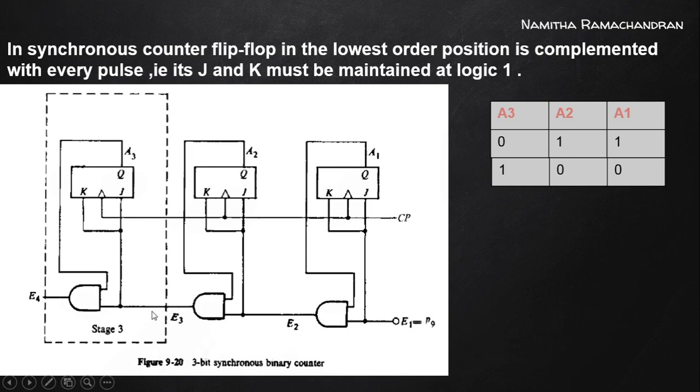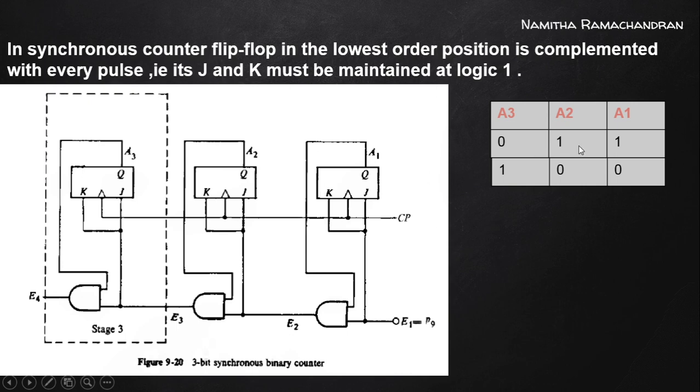That is, this E3 actually indicates the value of this A1 and A2. If both this present state value of A1, A2 are 1, then this E3 becomes also 1. Okay, if this E3 is 1, then we need to complement this A3. If E3 is not 1, then we don't want to complement A3. We can directly transfer the current value of A3 to the next state.